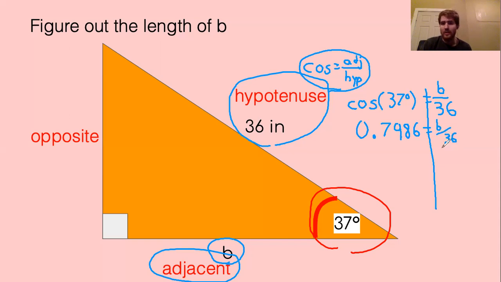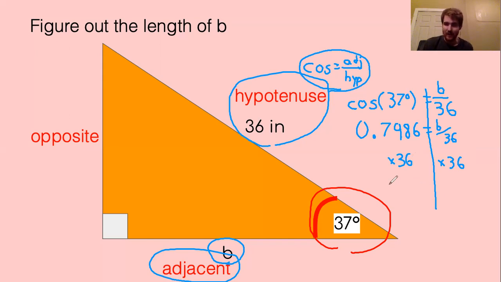Now, all you're going to do is cancel out the divided by. What is the inverse operation of division? Well, it's multiplication. So we'll do times 36 times 36. Again, I'm just going to my calculator doing 0.7986 times 36.